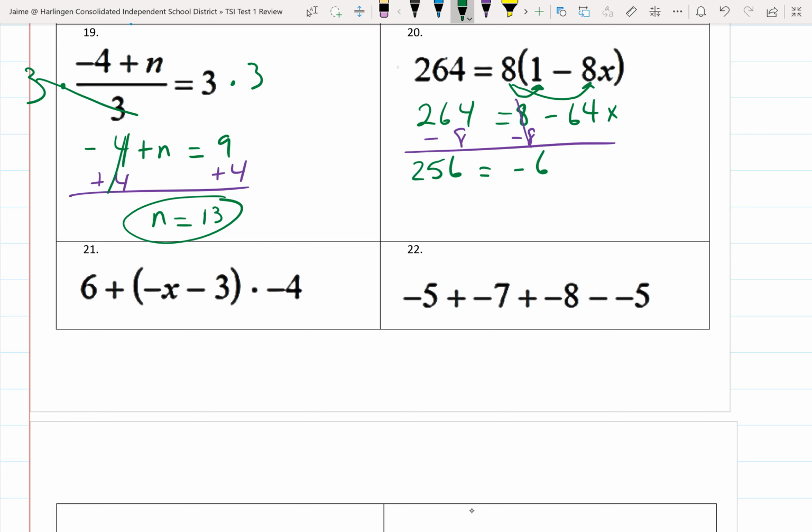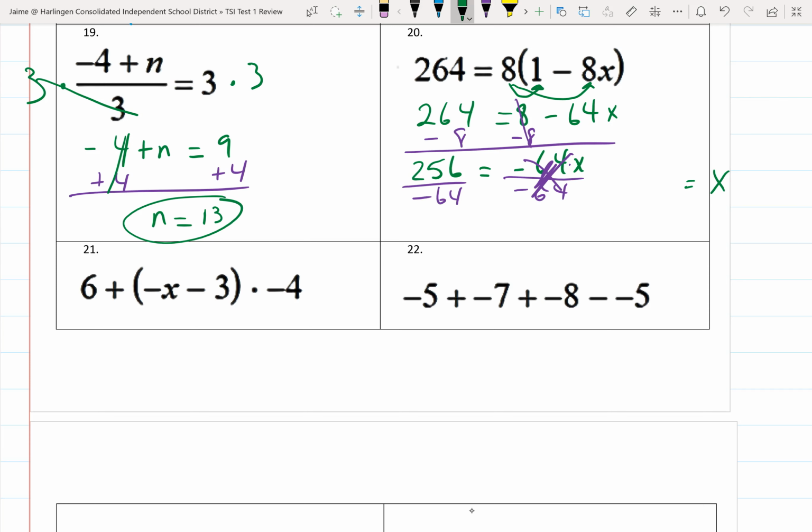It's equal to negative 64x. Now I want to get the x by itself. How do you get rid of the number in front of the x? Remember that you're multiplying there, so you do the opposite of multiplication, so you divide by negative 64. So that goes away, it's all gone. So it's just x here. So 256, divide that by a negative 64.